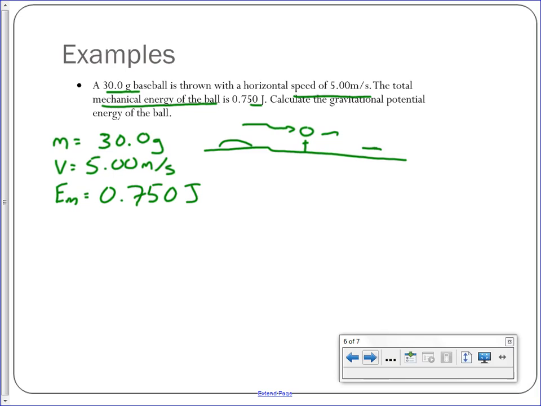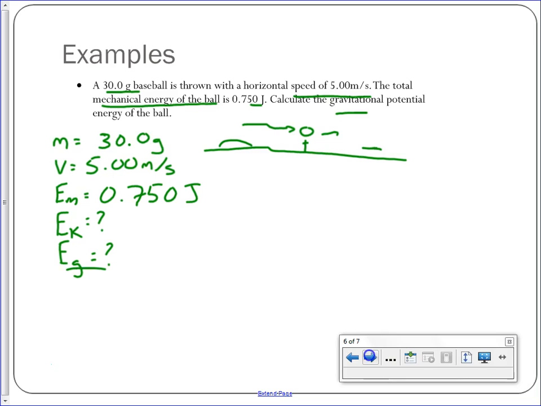It should also have some kinetic energy as well, which we can tell because it's moving. We know it has a horizontal speed. So we know we're going to need to find EK, or we're going to need to find EG, because we're looking for the gravitational potential energy of the ball. So this is the one we're looking for.